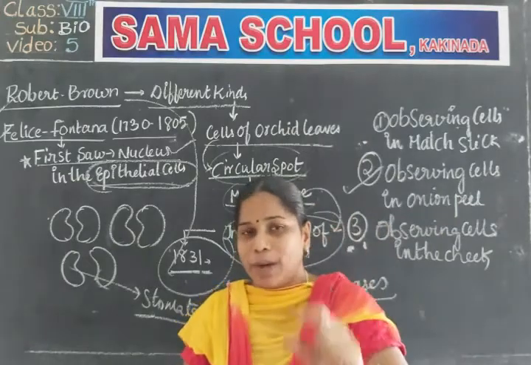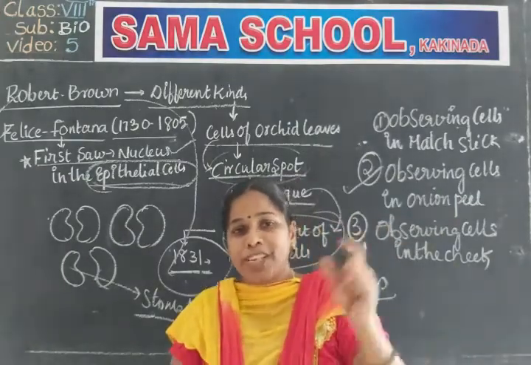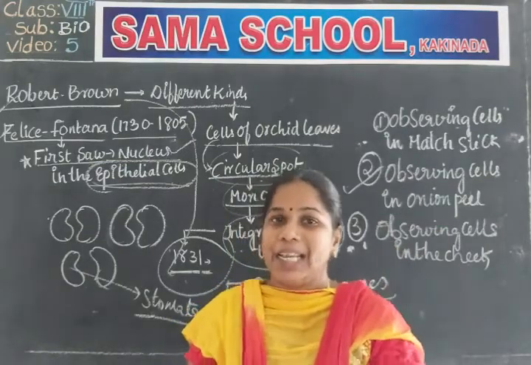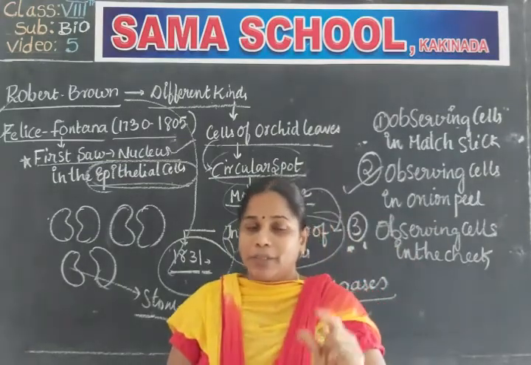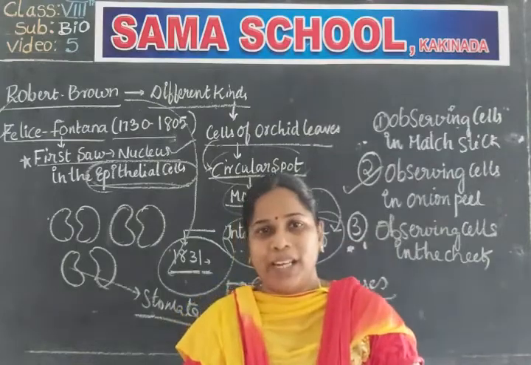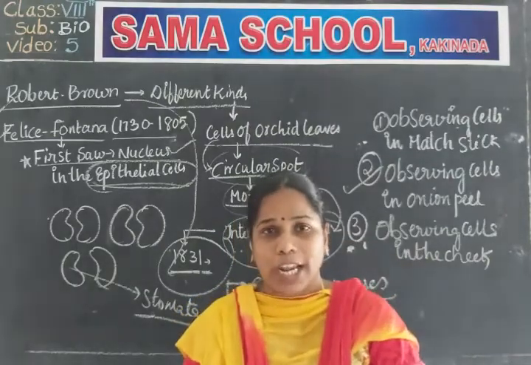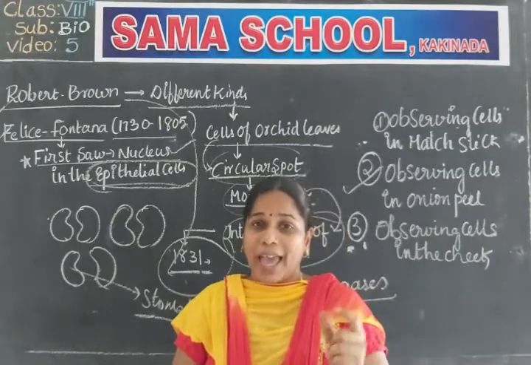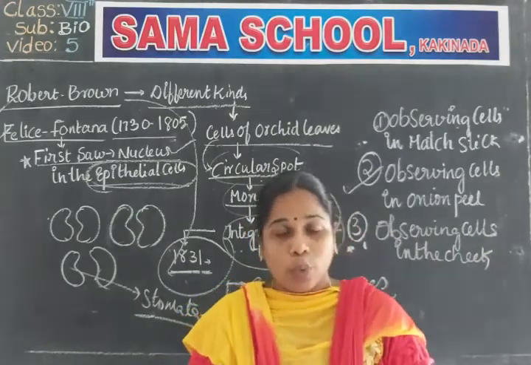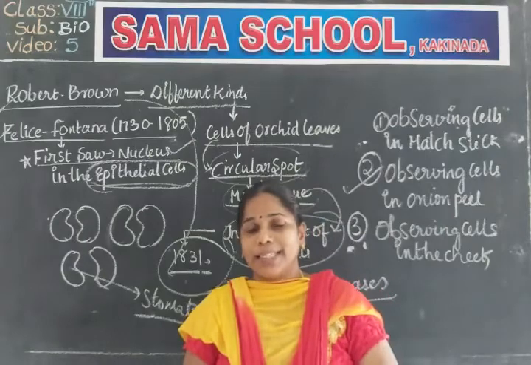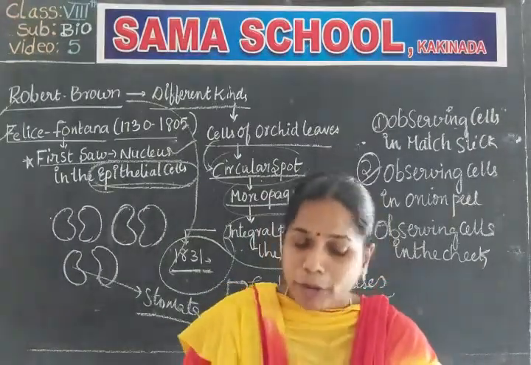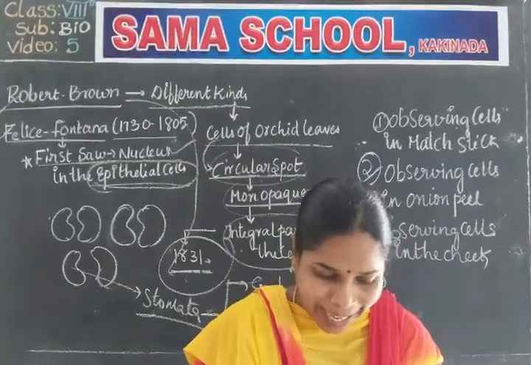And who said that it is an integral part of the cell? Robert Brown. Who is the first person to see it in epithelial cells? That is Felice Fontana. What are epithelial cells? It is the outermost layer of the animal body. Why is this important? Because when the CCE exam pattern is followed, every word in the textbook is very important.